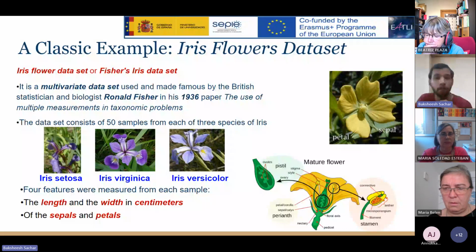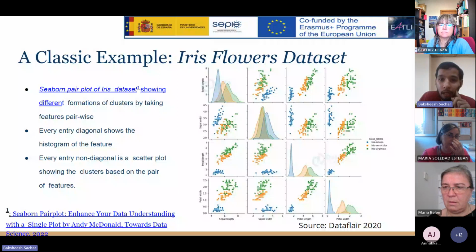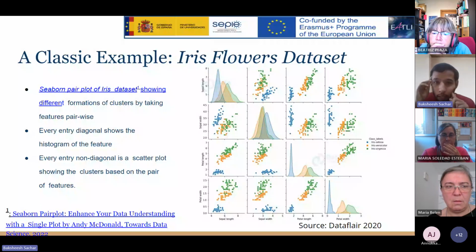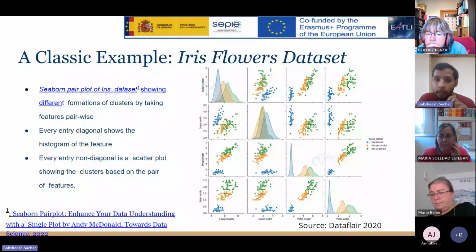Yes, moving on. This is just a way to show what the data set looks like. As you can see on the right side, it's a diagonal histogram where you can notice the blue color, the green color, and the yellow color diagrams; those colors are the labels of the length and width of those sepals and petals.